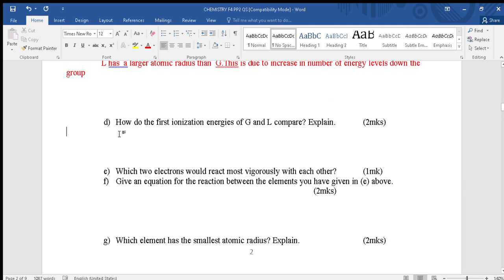So we just come here and note L has a lower first ionization energy than G because its outermost electrons are further away from the nucleus.